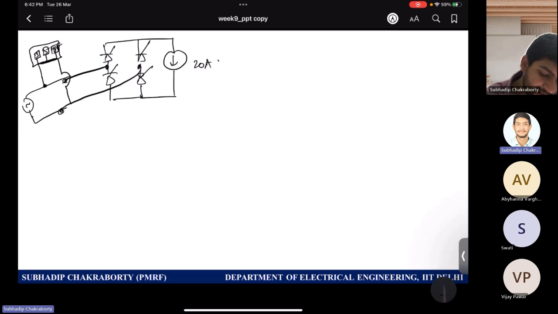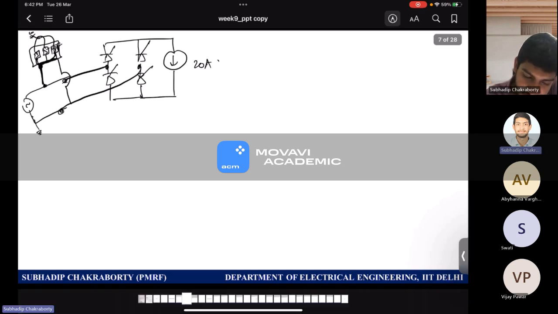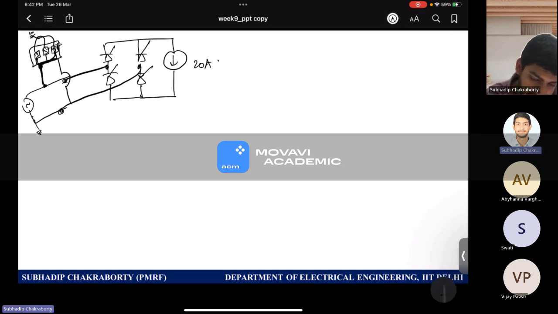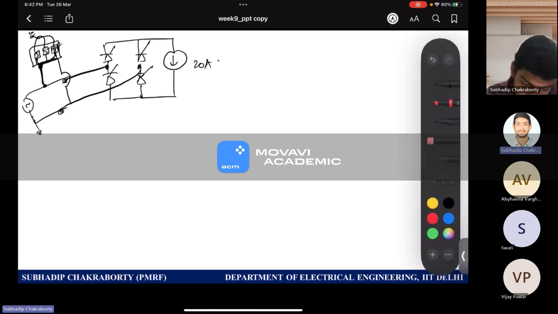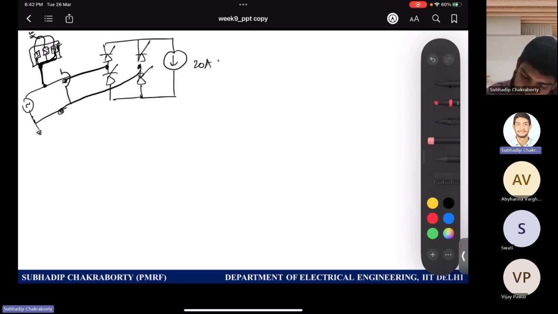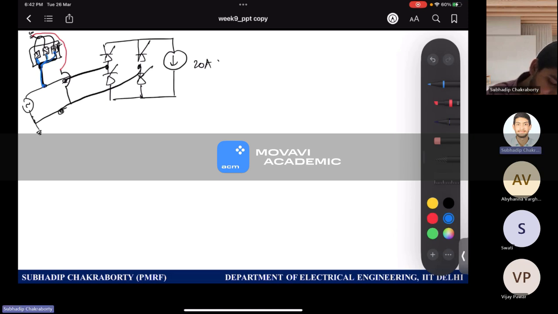These are all connected at this point, and then connected to the neutral or the return path, like this. This wire is the third wire, connected to the neutral, and these are all connected to the line. So this is the arrangement.